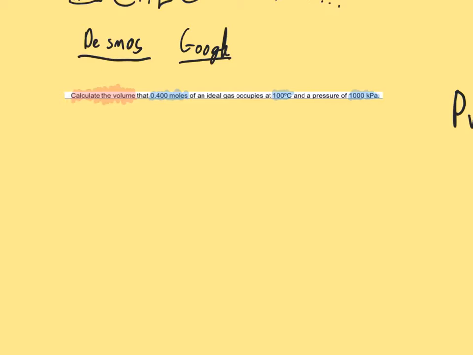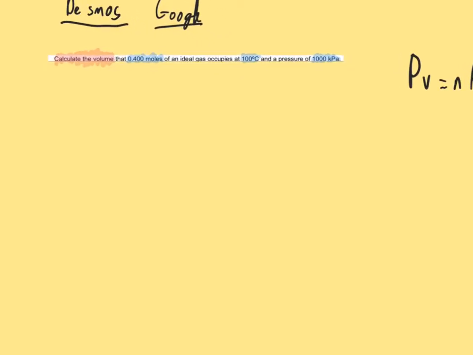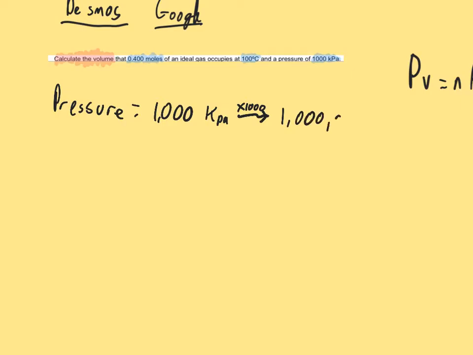So let's put all the numbers that we know into the calculator. First one is the pressure, which is 1,000 kilopascals, which we need to convert to normal pascals, so we need to times this by 1,000 to get 1,000,000 pascals.